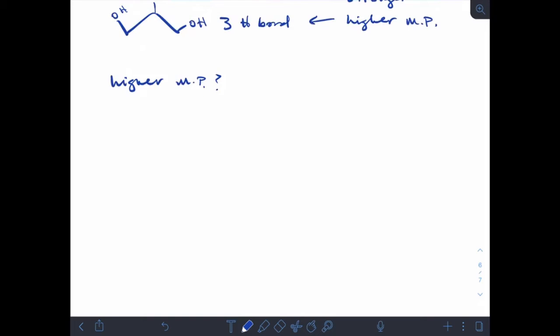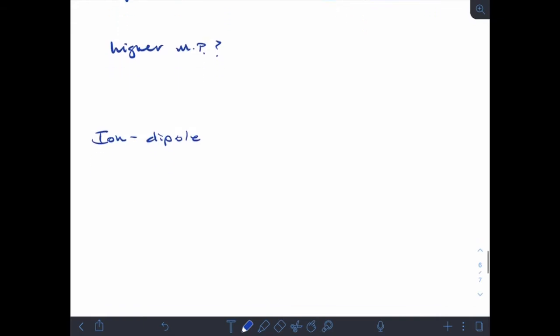Our next strongest on the list, and it's starting to get away from what is actually intermolecular forces, is ion dipole force. We're half in the door and half out the door with this one. If dipole was an attraction between two polar molecules, ion dipole is the attraction of an ion to a polar molecule.